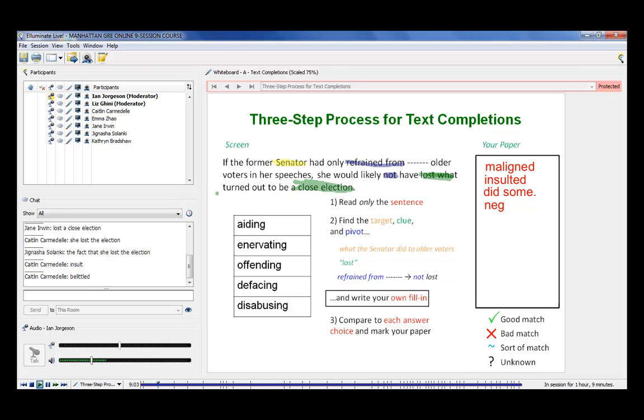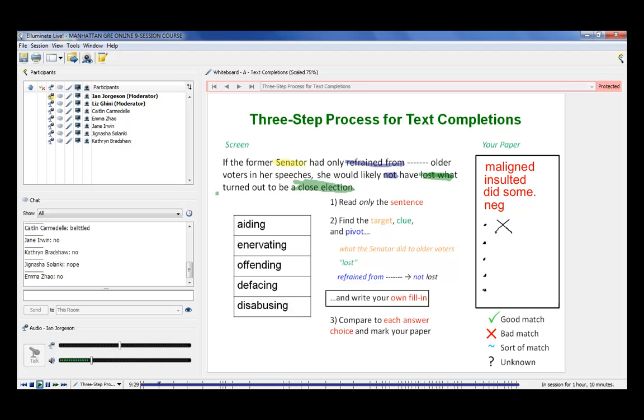Okay, so do we think aiding matches maligned, insulted, did something negative? What do you guys think? Okay, a couple of people have opinions. All right, no. So on my paper, I'm going to mark down for the first one an X, right? And this is something that I'll do, honestly, on the day of the test on my own scratch paper.